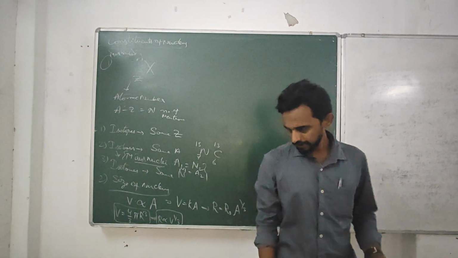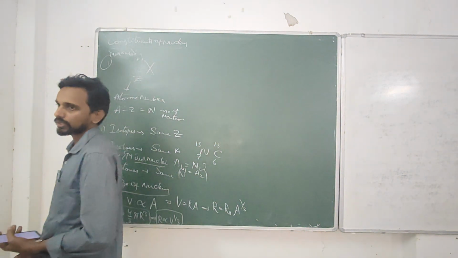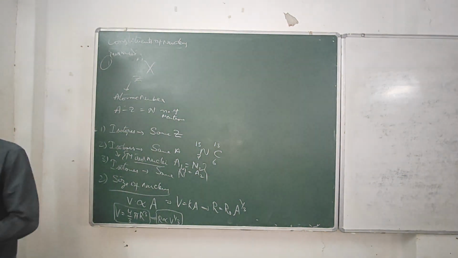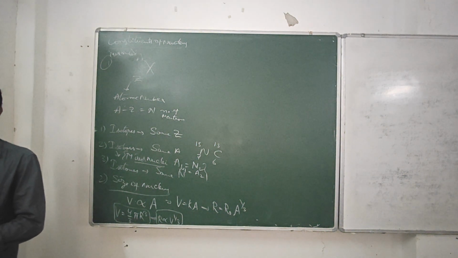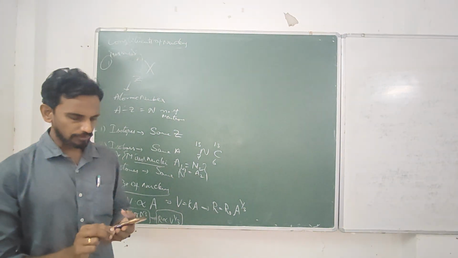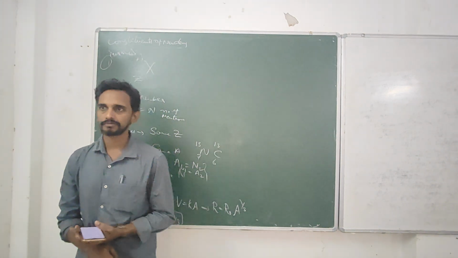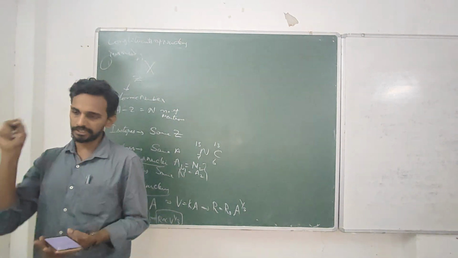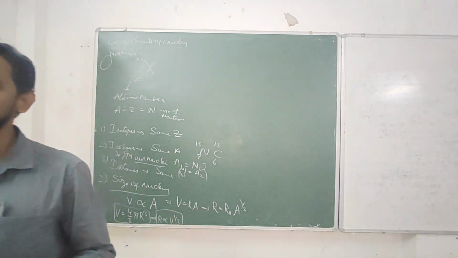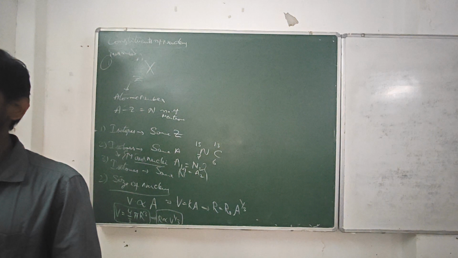So how to understand this equation? Volume is proportional to atomic mass. So the volume of the nucleus increases in proportion to the number of nucleons. So when you keep on adding nucleons one by one, the volume increases proportionally. That means what?